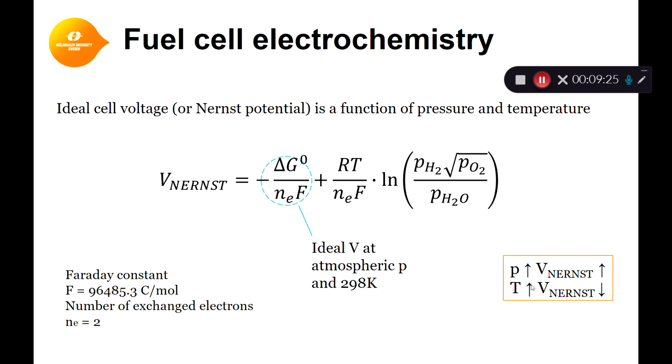The most important equation that we can define is the one describing the ideal cell voltage, also called Nernst voltage or Nernst potential. The ideal voltage in standard conditions, so atmospheric pressure and 15 degrees Celsius, is the ratio between the variation of Gibbs free energy for the water reaction and a factor that is the multiplication between the Faraday constant and the number of electrons exchanged in the reaction, which in this case is 2.